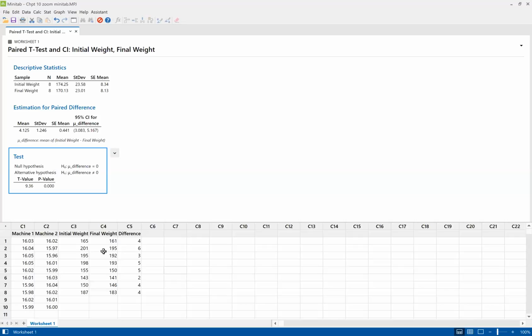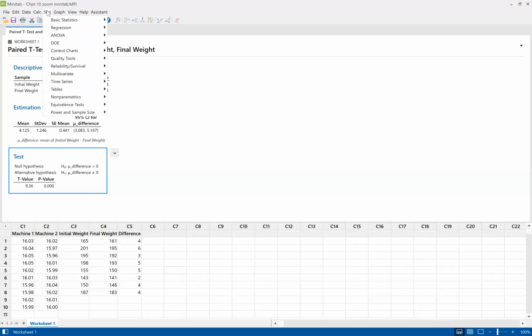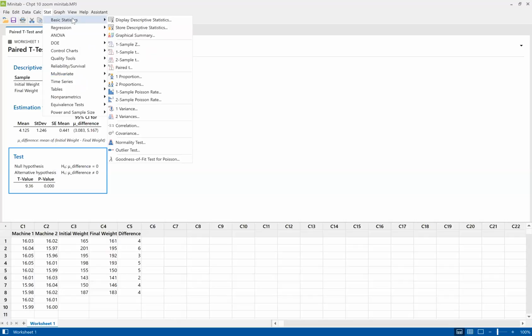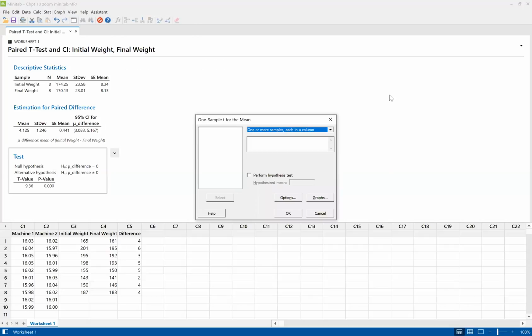Can I say that and be statistically accurate? Well, what am I going to do? I'm going to do a 1 sample t-test. I've only got 8 data points, so I need to do a t-test. I'm doing data from a sample in a column, so I'm going to click on the difference column.